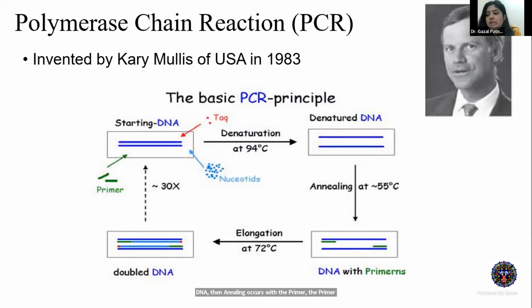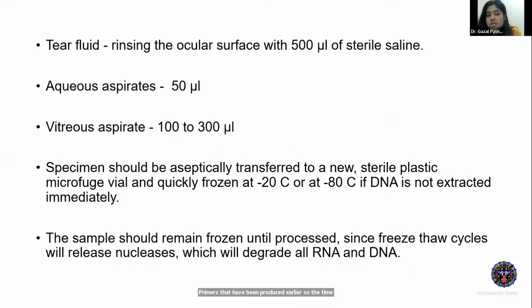They bind to their associated complementary sequences on the single-stranded DNA. And this process is repeated, and the DNA synthesis is done with the help of DNA polymerase to synthesize the targeted sequence from the annealed primers that have been produced earlier. So the time usually takes around 2 to 5 hours.